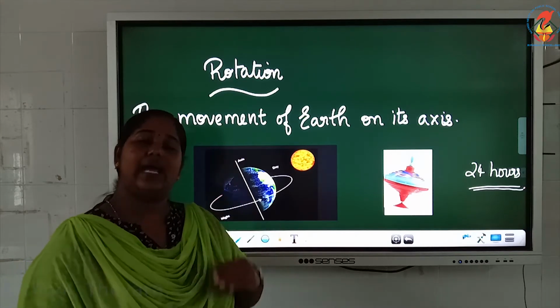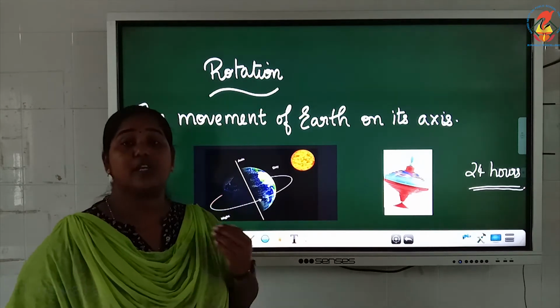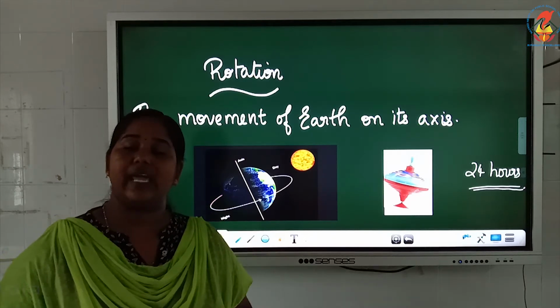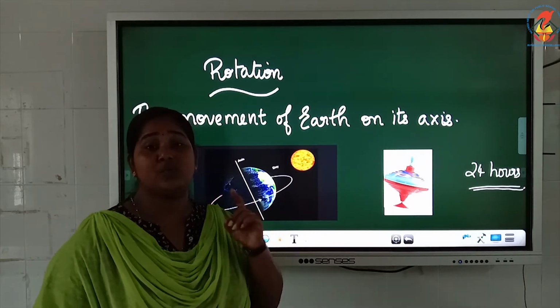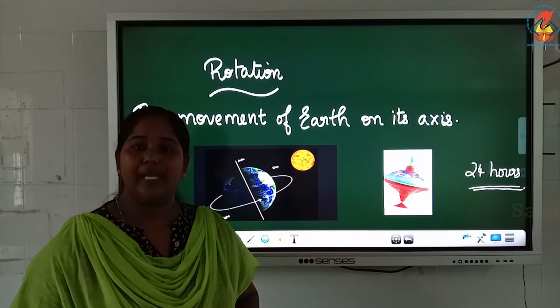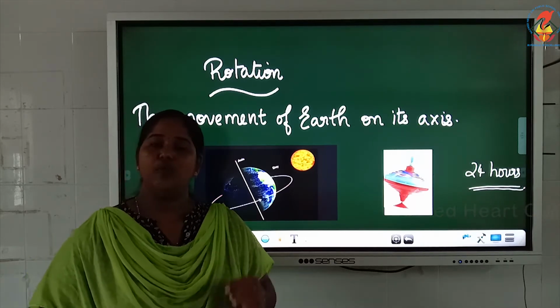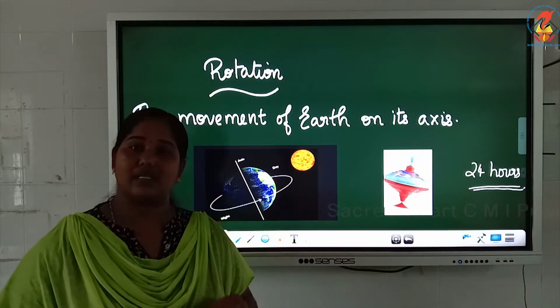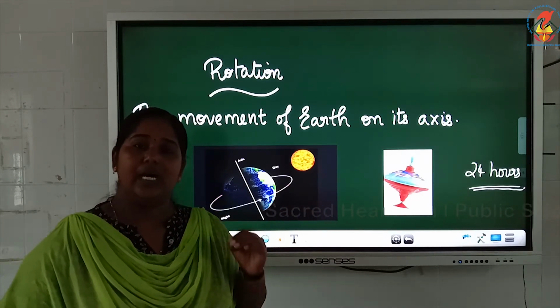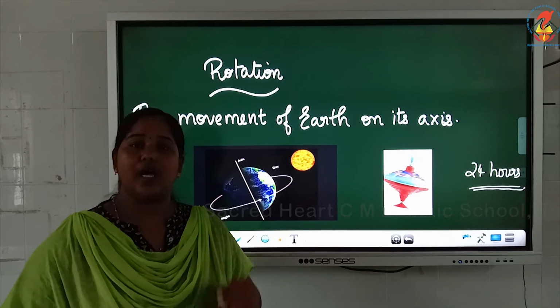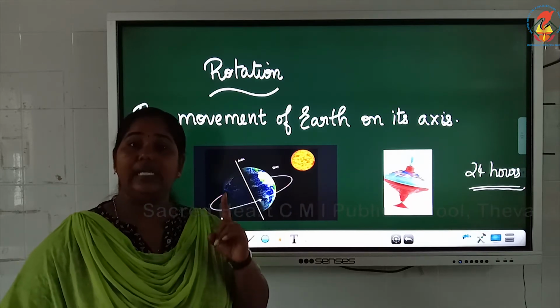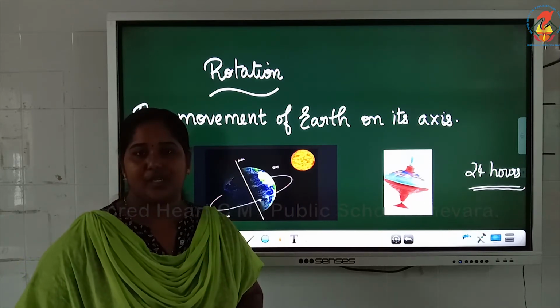Earth takes 24 hours, that means one whole day, to complete one rotation. So what is rotation? The movement of earth on its own axis is called rotation. Earth takes 24 hours to complete one rotation, that is one day.